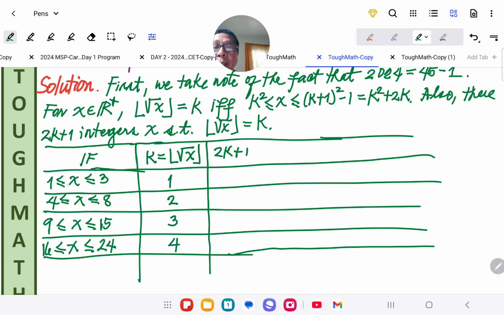So here the integers are 1, 2, and 3. So there are 3. And then here the integers are 4, 5, 6, 7, 8. So there are 5. And so on. They are all odd numbers. This is 9 here.